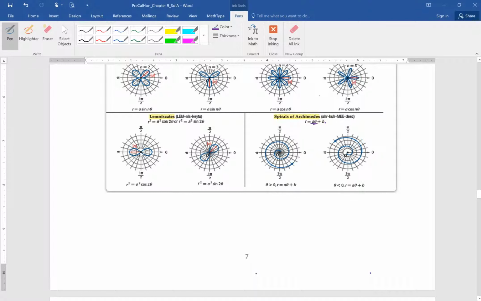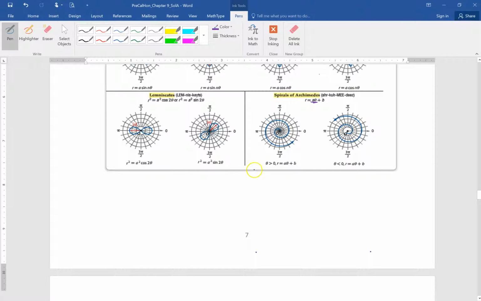R is increasing as theta increases. As your theta increases, you're getting farther and farther away. So if you're at 0 theta, you're close. If you're at 20 theta, you're here. If your theta is 400, then you're way out. As your angle gets bigger, you get further and further away from the origin. That's kind of cool, actually.